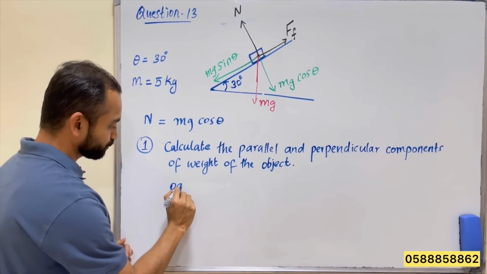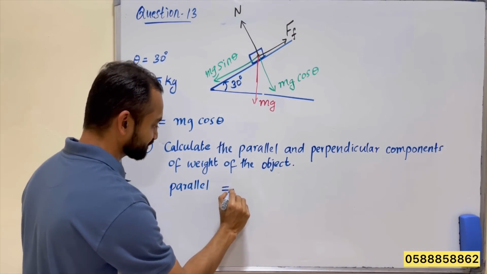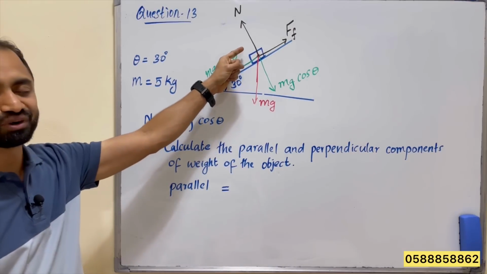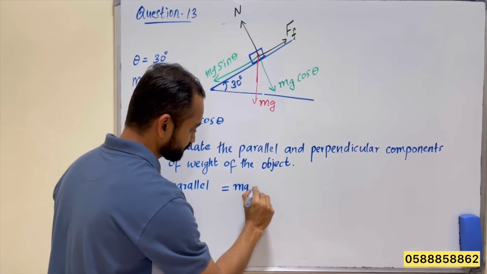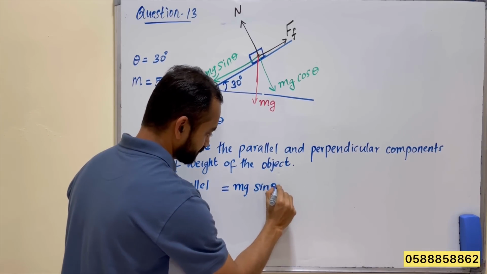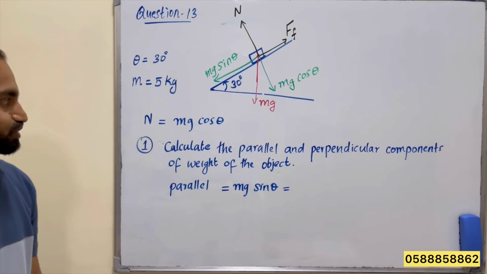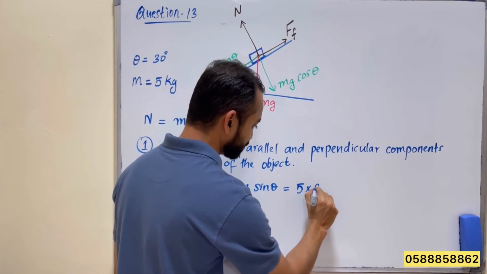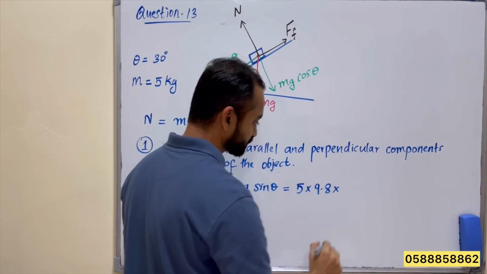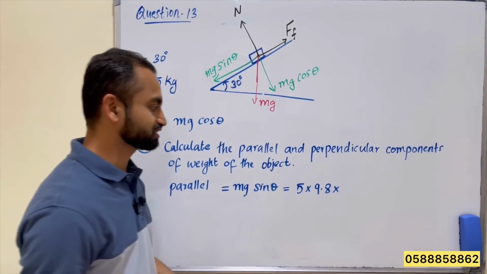So how to calculate the parallel component? Parallel component of weight is equal to what? Parallel component is mg sine theta. Mg sine theta equals, what is m? Mass of the object, how much? 5 kilogram. 5 multiplied by 9.8 multiplied by sine theta. What is theta? The angle here, how much? 30.